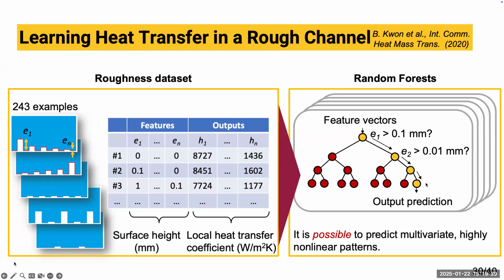So the final output corresponds to a vector consisting of convection coefficients from H1 to Hn. Basically H1 corresponds to the convection coefficient around this location, E1 location, and Hn corresponds to the convection coefficient value at En location.